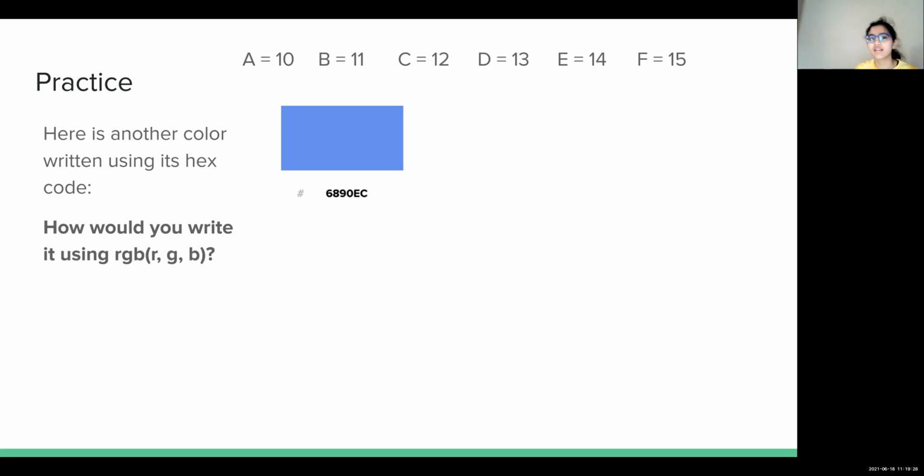Okay, remember that 6890EC is not one number, but three numbers.